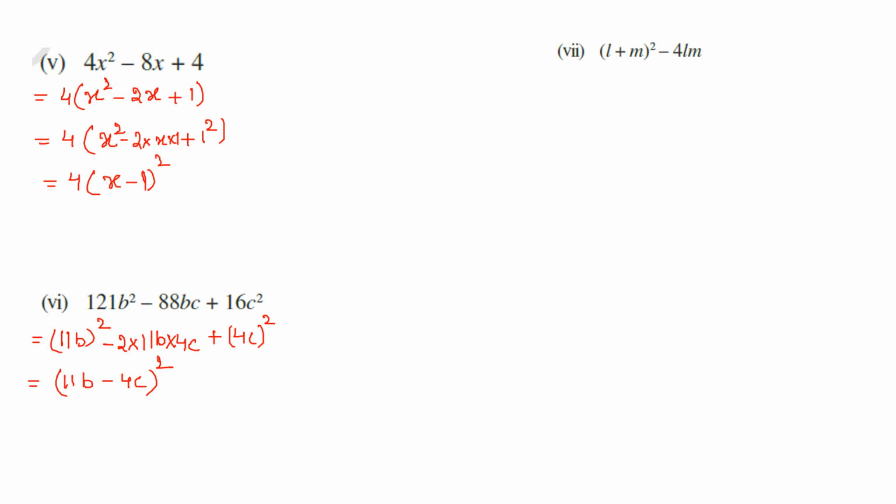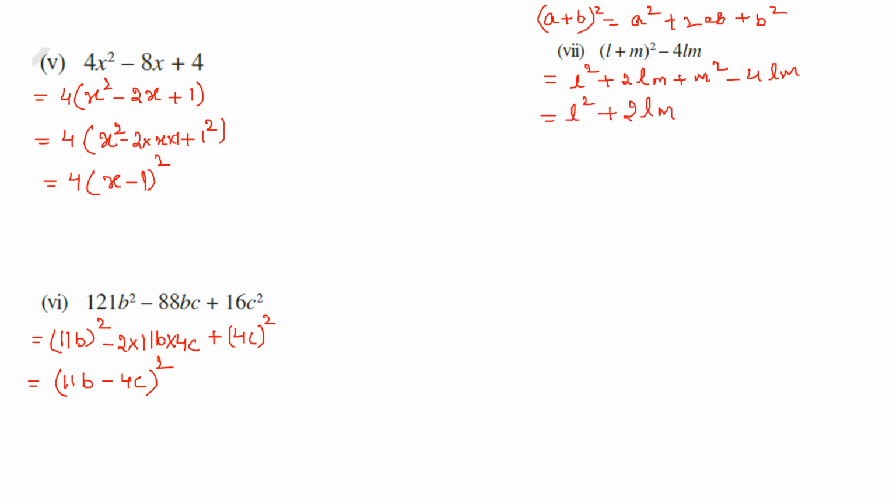Now seventh question, L plus m whole square minus 4lm. So first I am going to expand this L plus m whole square using the identity a plus b whole square, which is equal to a square plus 2ab plus b square. So let's write. L square plus 2 into L into m plus m square minus 4lm. Now you can see 2lm and minus 4lm both are like terms.